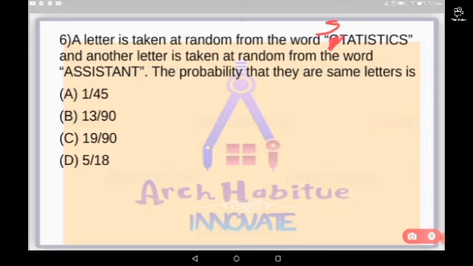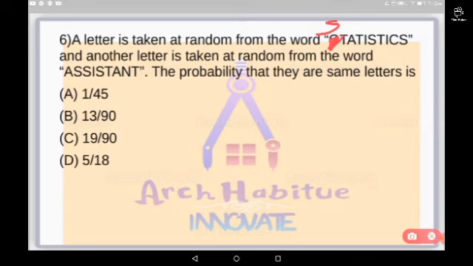A letter is taken at random from the word statistics, and another letter is taken at random from the word assistant. The probability that they are the same letters is. The one who has not got the answer for this, just try once more. I think I made a mistake in the question so that you can't reach the answer. So try it yourself and then play the video.